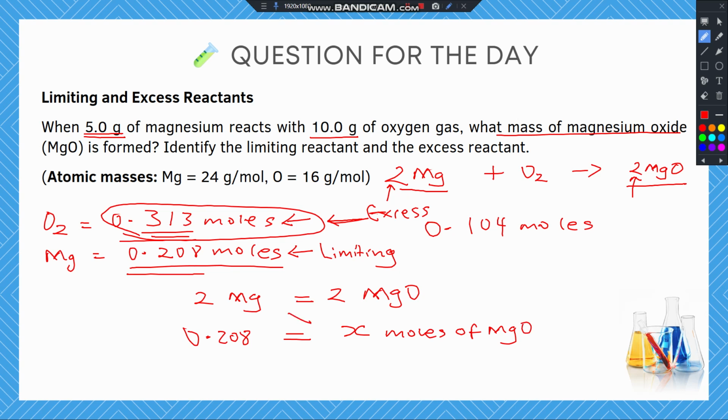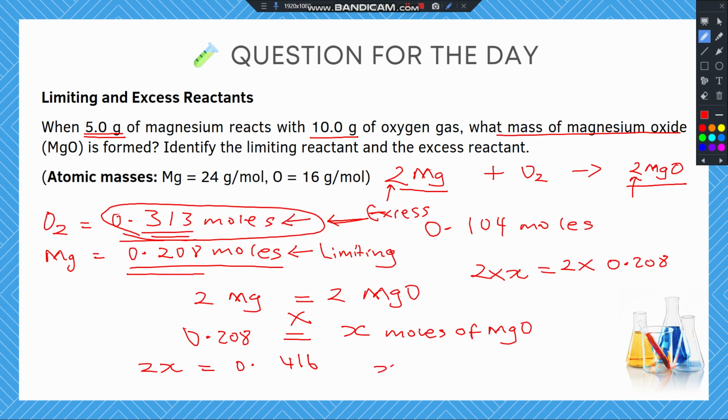So if we cross multiply at this point, it now becomes 2 times X is equal to 2 times 0.208. So therefore, 2x is equal to 2 times 0.208 gives us 0.416.